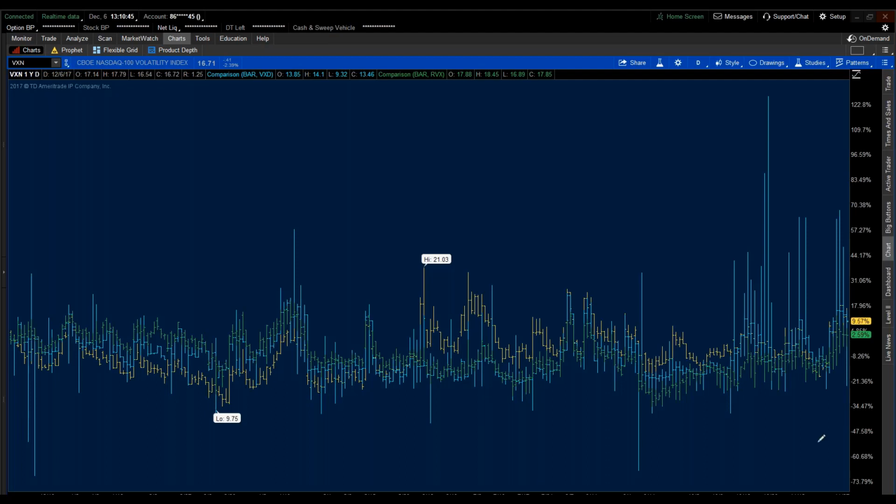Okay? So the thinking behind that would be if the markets get hit and go down, the other two are going to skyrocket because the volatility is relatively inexpensive. If the market goes higher, the other two are darn cheap anyway.